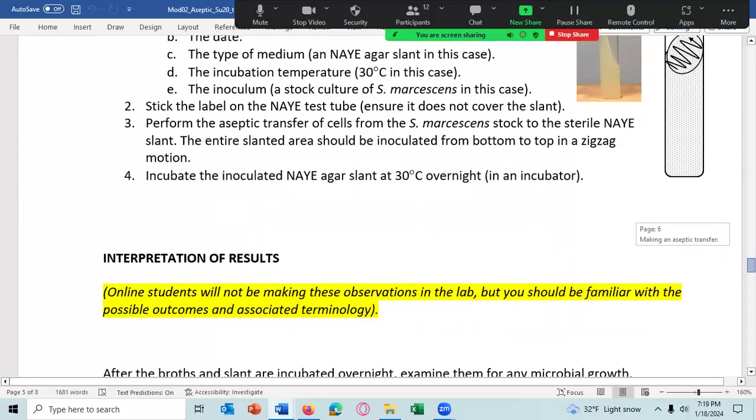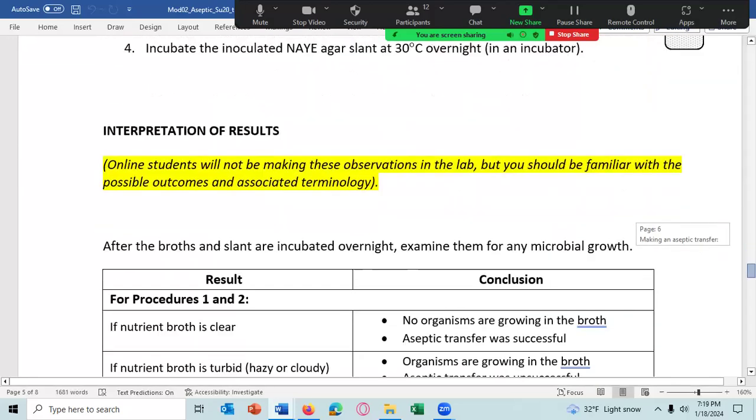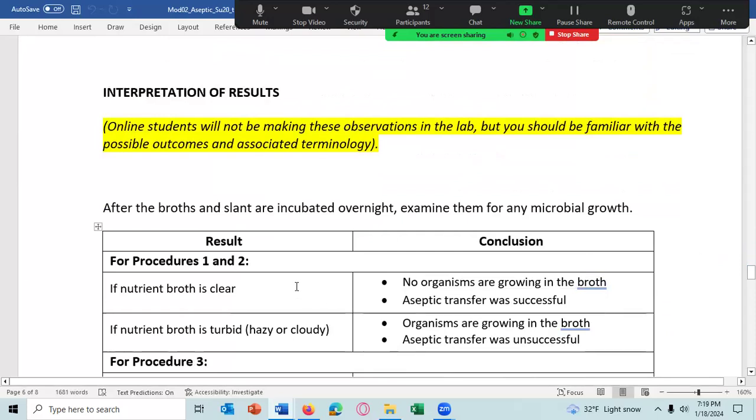And if it's transparent, it does not have growth in it. So clear is the word I was looking for. If the nutrient broth is clear, no organisms are growing in the broth, and aseptic transfer was successful. If, on the other hand, the nutrient broth is cloudy, hazy, or turbid, then organisms are growing in the broth, and aseptic transfer was unsuccessful.